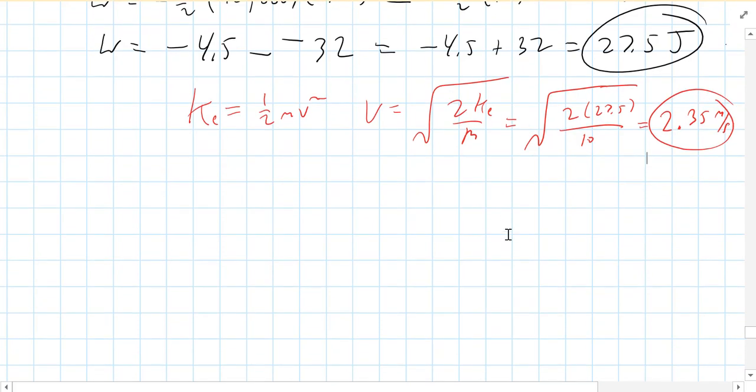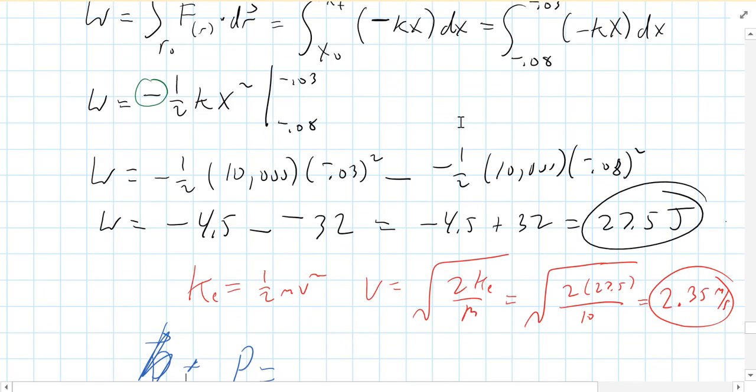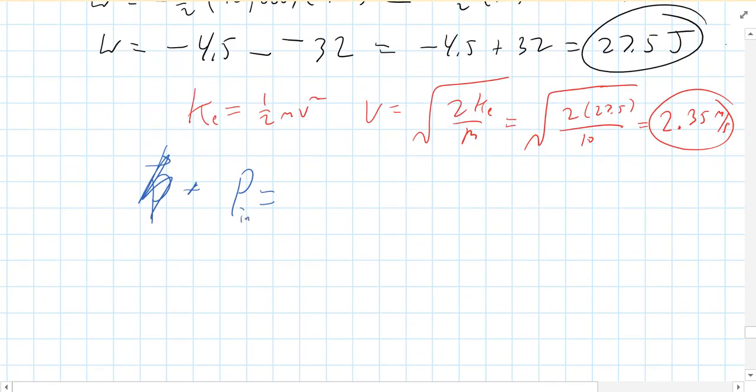And then to find the power, I'm asking you for the power delivered at the moment the book is at point B. So that is instantaneous power, and we're going to use our force dot velocity there.